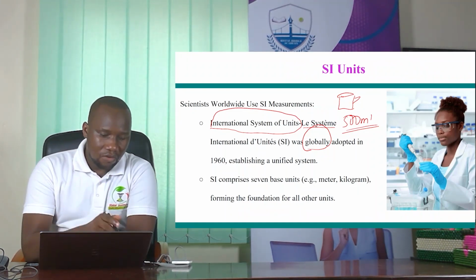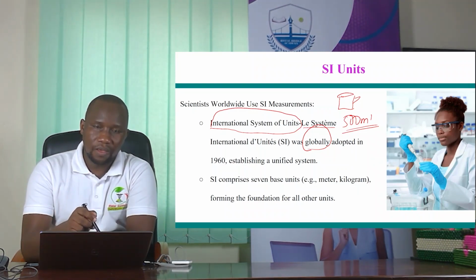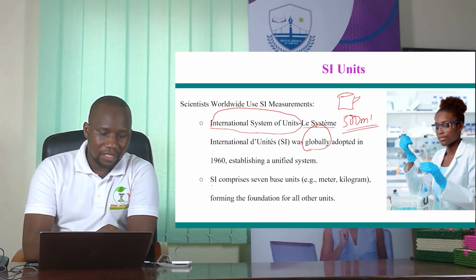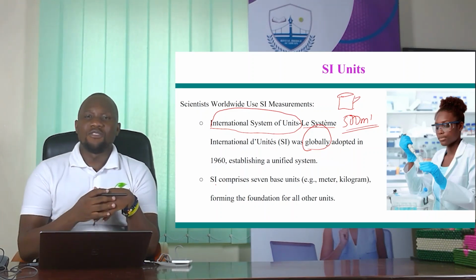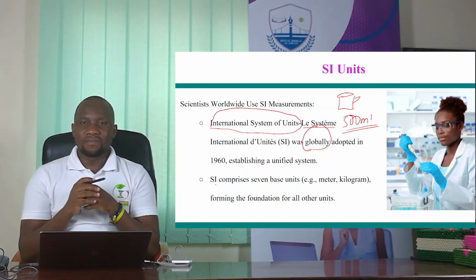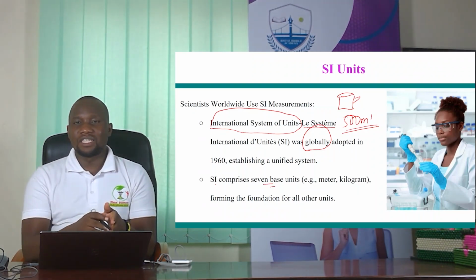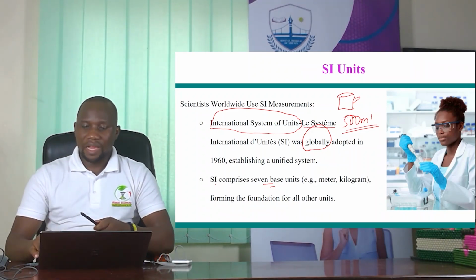Now, SI is the short form for the international system of units. The SI units comprise 7 base units. Every quantity that we measure is based on these 7 units, and it is from them that we derive other units of measurement.